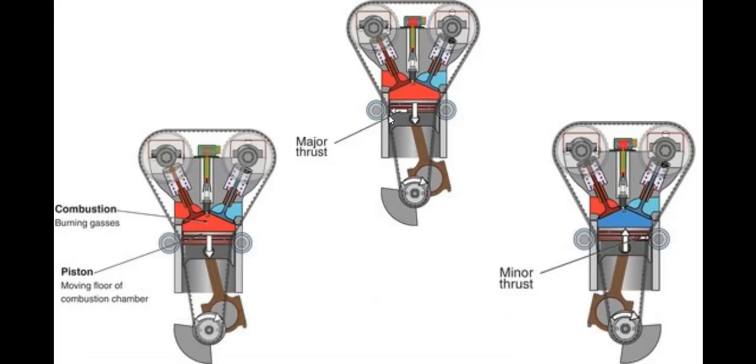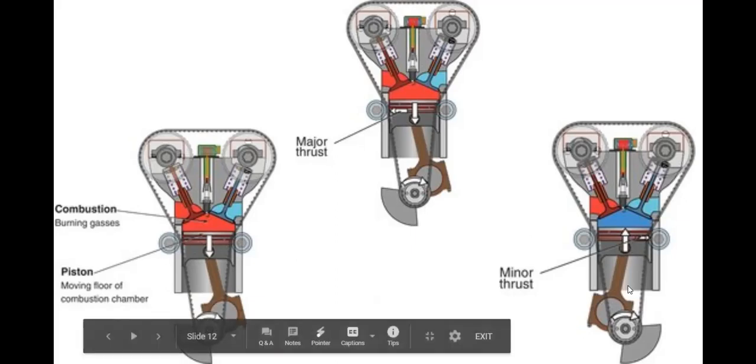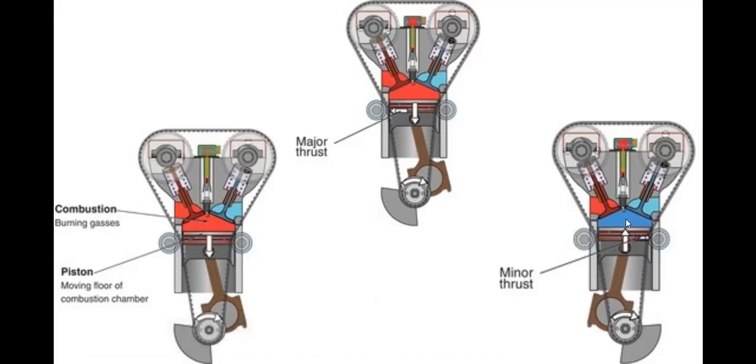What that means is for many engines, you will have more wear on the piston and the cylinder wall on this side of the engine. That could be the left, right, front, or back of the engine, depending on the orientation and style of engine in the vehicle. On the opposite side, you have a minor thrust side because all we're doing is compressing air.